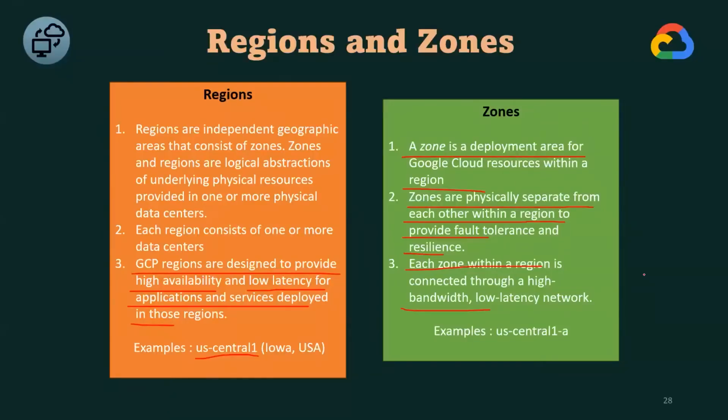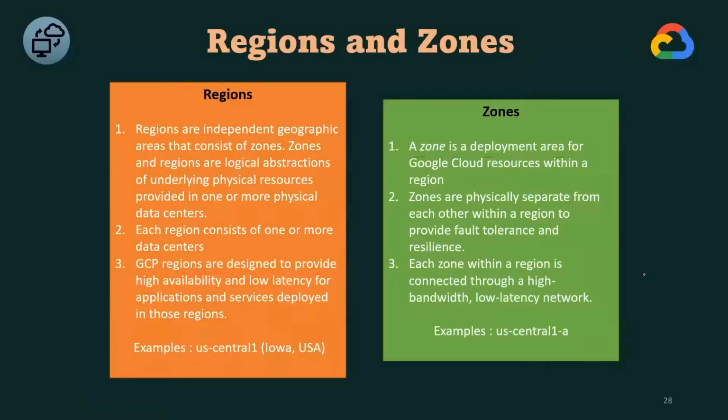Whenever you want to deploy your application in multiple zones, you can go for this. That helps avoid failures. Zones are physically separate from each other within a region to provide fault tolerance and resilience.